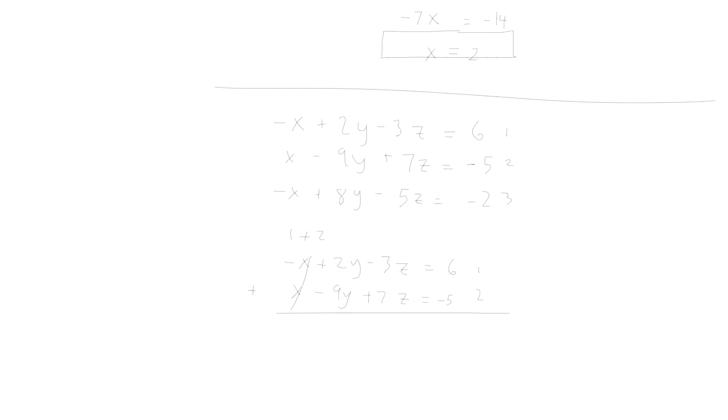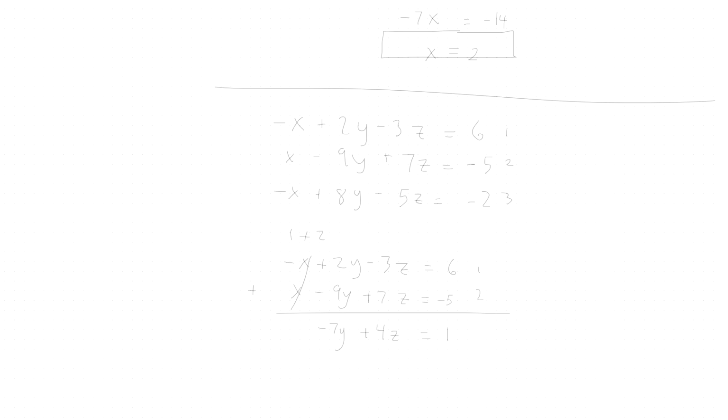And what's -3 plus 7? 4, so plus 4z. And what's 6 plus -5? That's just 1. So that's equation 4.